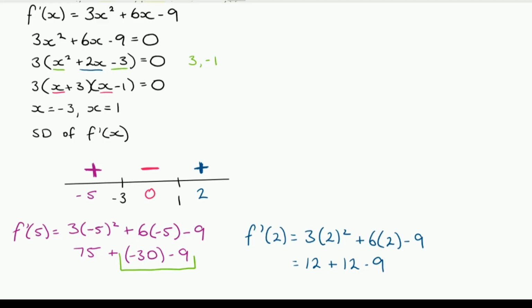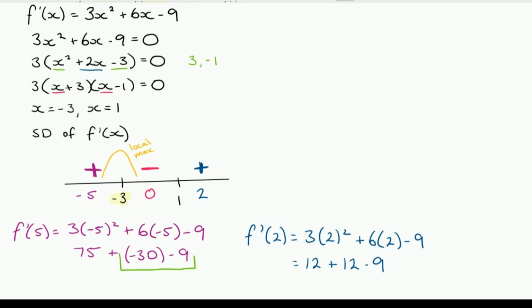So having a look at my minus 3 over here, this critical value, I can see that on the left-hand side, my function is increasing. It gets to that stationary point, and then it's decreasing. So I can see here that at minus 3, I have a local maximum.